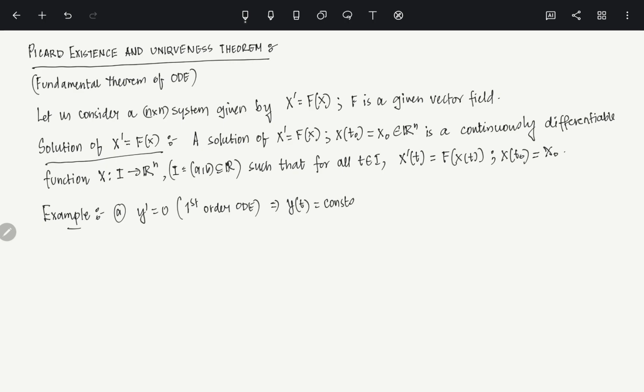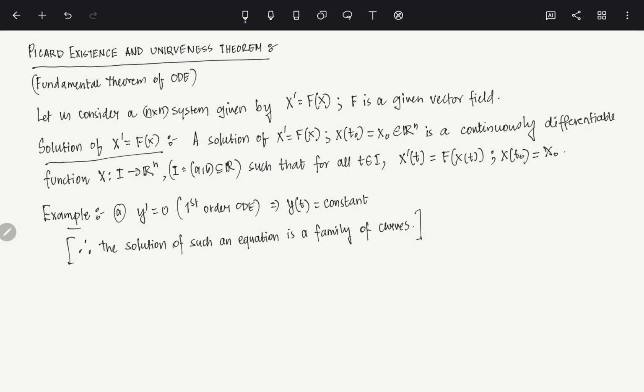So the solution of such an equation is a family of curves. Clear? It is a family of curves.